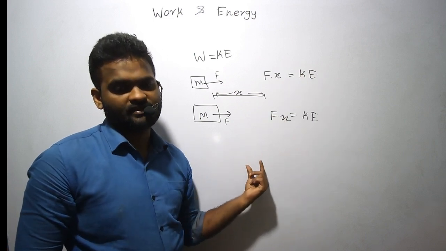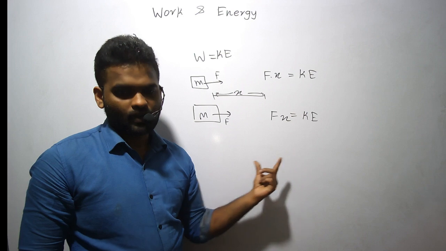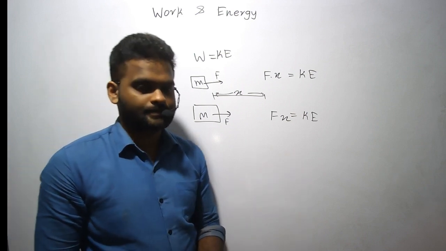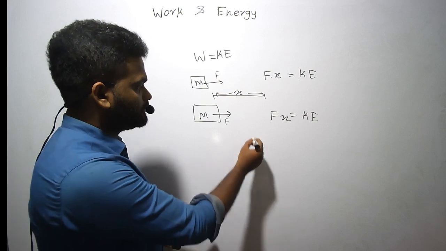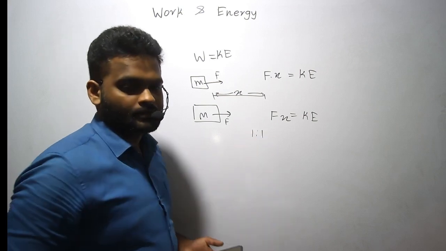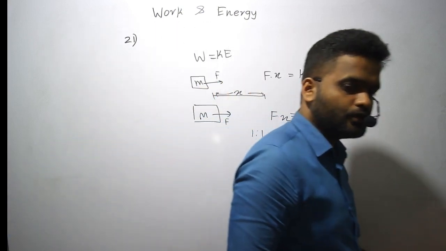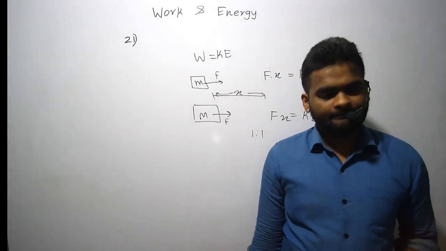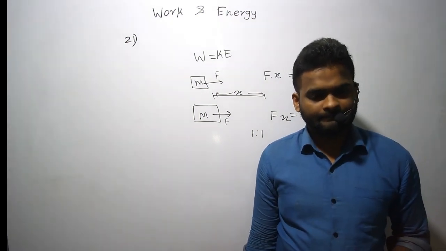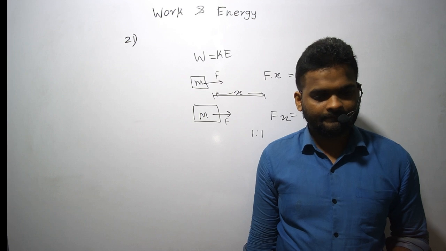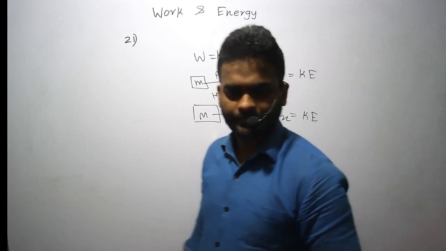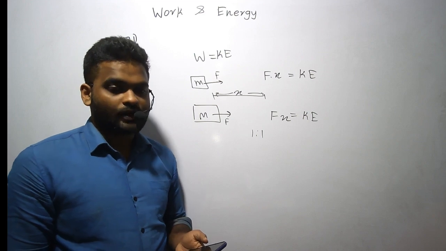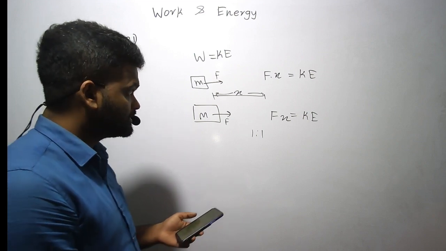So what's the ratio between them? 1:1, right? Fifth one. Do you understand that? Right. Then try 23rd.